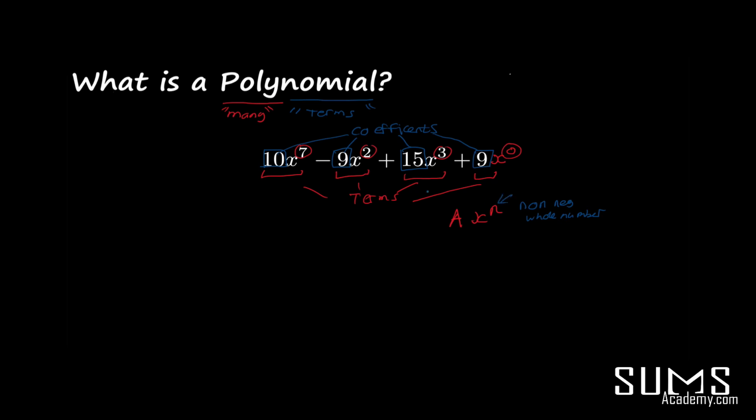But we usually don't see polynomials written out like this. We usually see them written out in what we call standard form. So apologies for my handwriting. What that means basically is you go from the largest power all the way down to the smallest power.